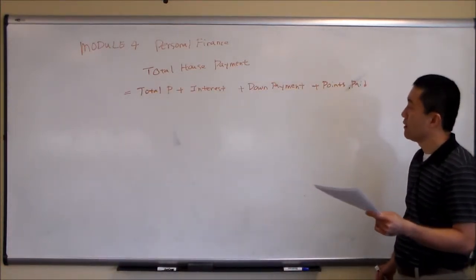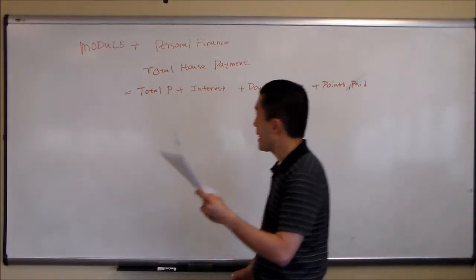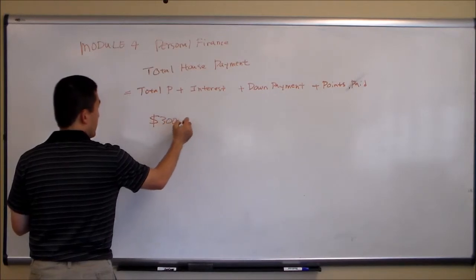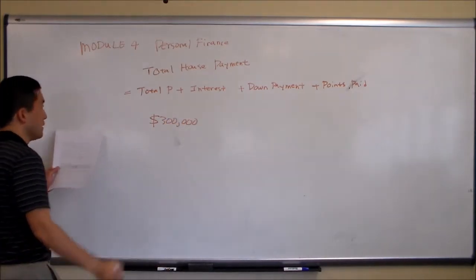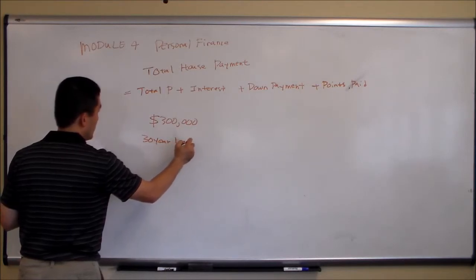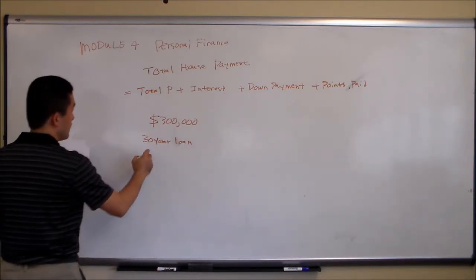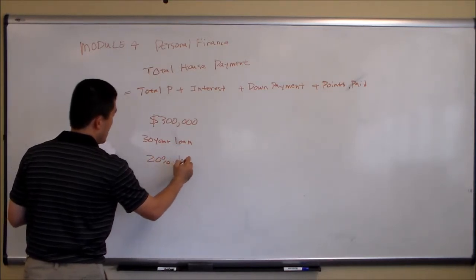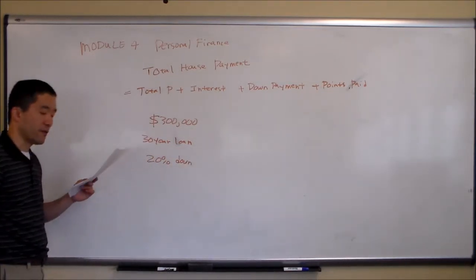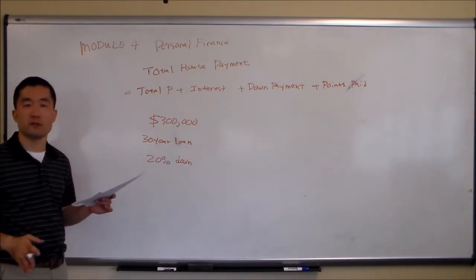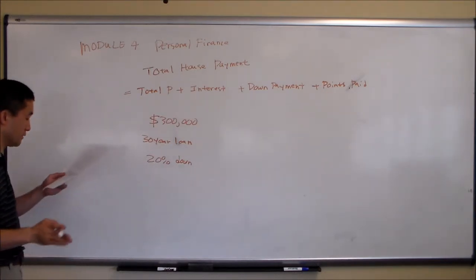So let's say you buy a house for $300,000. It's a 30-year loan. You put down 20% to avoid private mortgage insurance. If you don't know any of those things, just look up how to buy a house and they'll tell you.